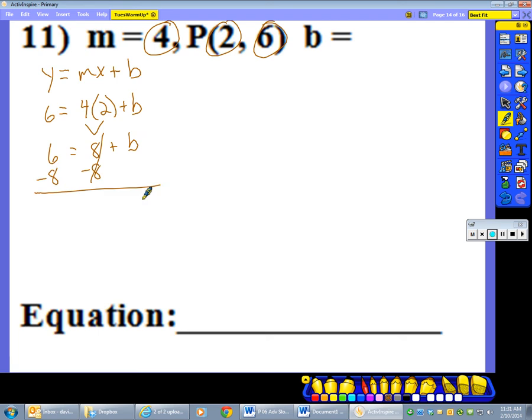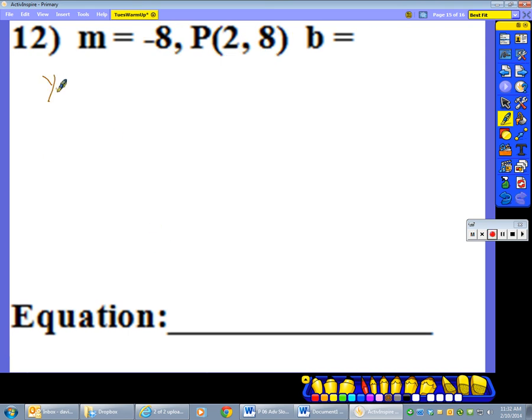So I'm going to subtract 8 from both sides. A negative 8 and a positive 6. You got to think back to 7th grade on how you would do that, but it does equal a negative 2. And so b, or my y-intercept, is negative 2. So whenever I create my equation, it's y equals 4x. I got the 4 from my slope, minus 2. My y-intercept was negative 2.